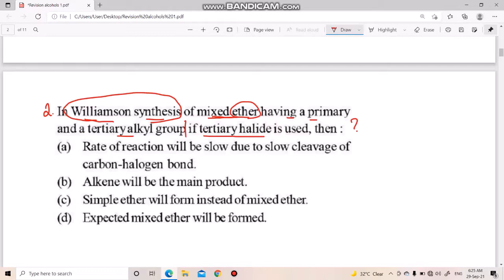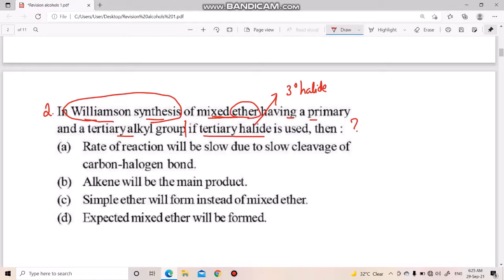In Williamson synthesis, if we are using tertiary halide, what will happen to the reaction? What will be the product?